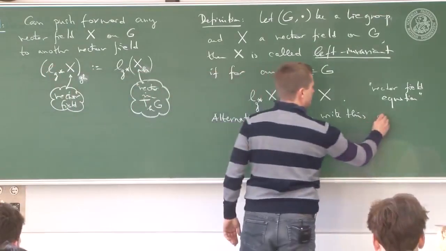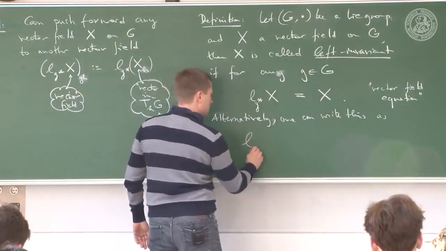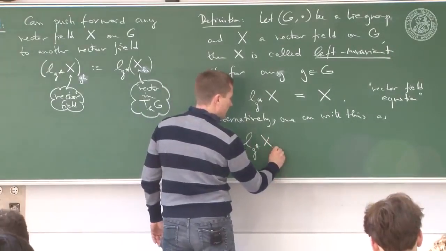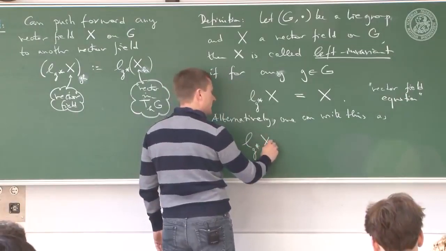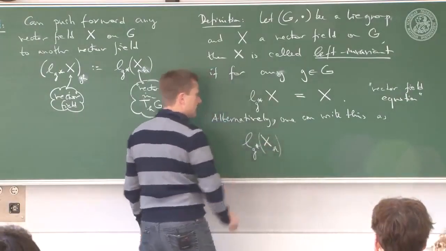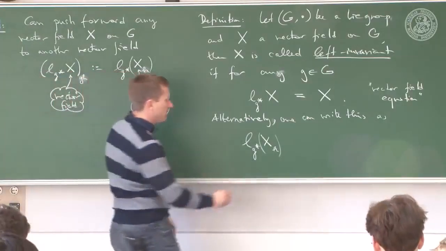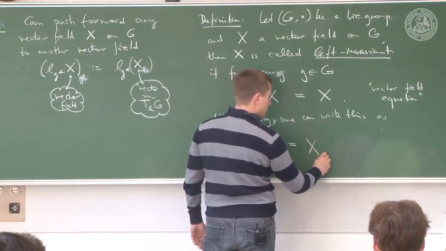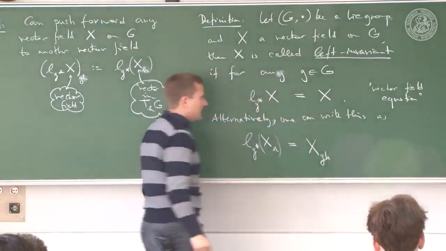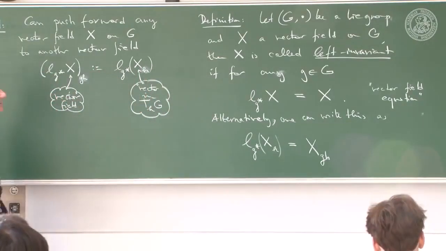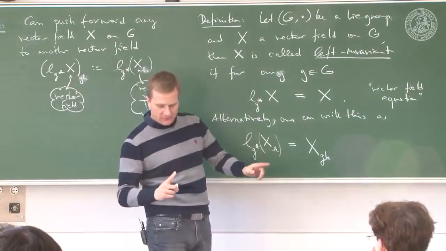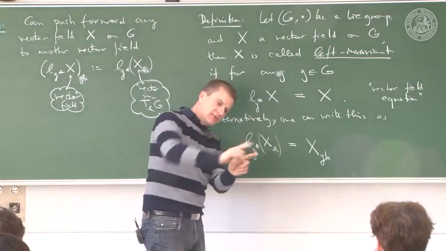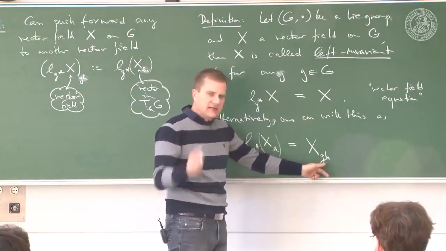Well, you take the vector at the point h and you push it forward, and the result is of course a vector at the point gh, and indeed you had a vector field, so you can also evaluate it at the point gh, and pushing forward the vector from h to this point gh, the result should coincide with the vector field that's already given there.